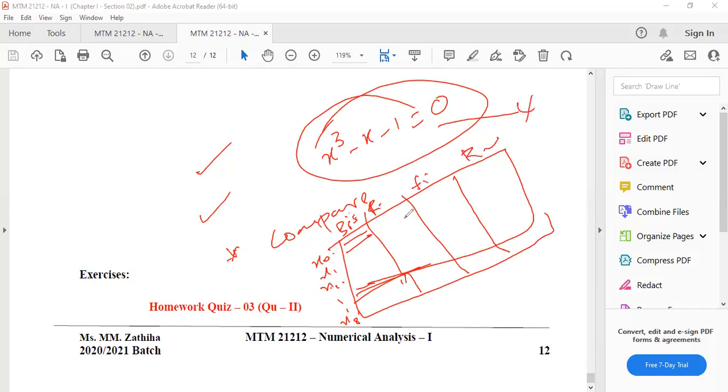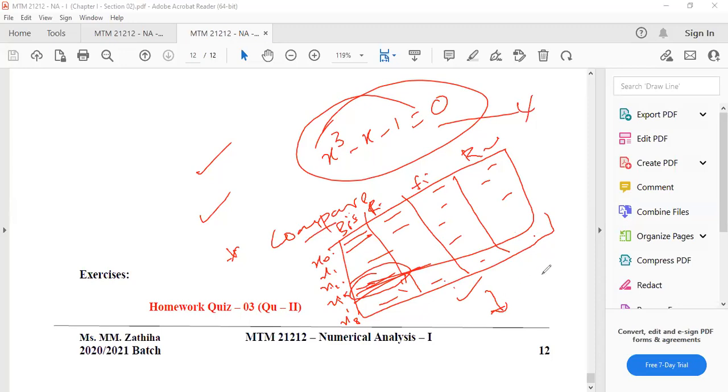You put whatever x0 you have found, like x1, x2, up to x8. At some point you may stop here at x5, at some point you have to go further. So here you can compare the results. You can see which method is the best one, which method goes to the root faster.